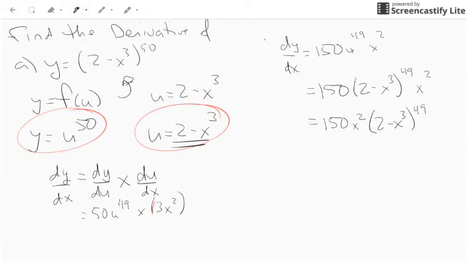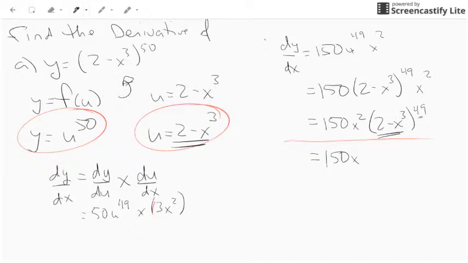But I'll be honest with you, this might not necessarily be true of all your teachers, but I like it better when you take the negative out of there if you can. Now notice that that's to an odd power, so I should be able to factor a negative out of it.